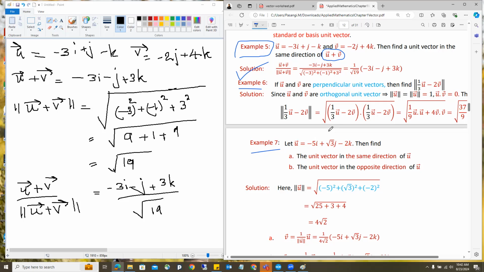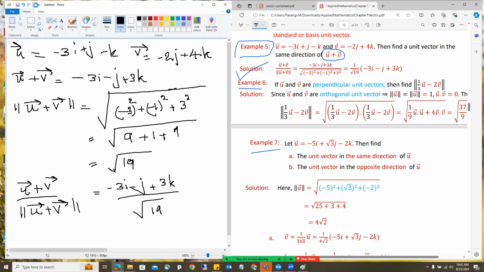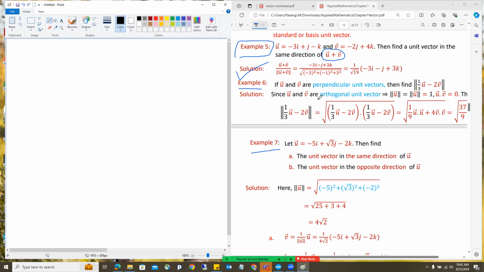Yeah. So what about example 6? How are we gonna find out this one? They have given that vector u and vector v are perpendicular unit vectors.